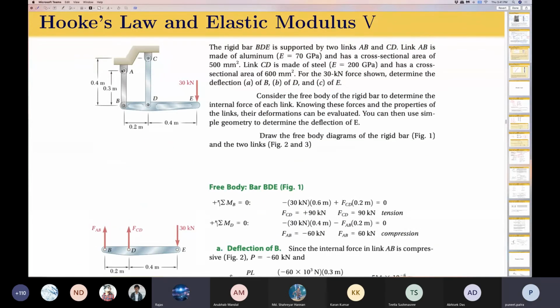This end A is a hinged end, right? We know that the property of a hinge is such that it does not show any deflection. So end A is not moving. Think of it from the perspective that you have a rubber band, you fix the rubber band onto a screw on the wall and you are pulling from the other end.